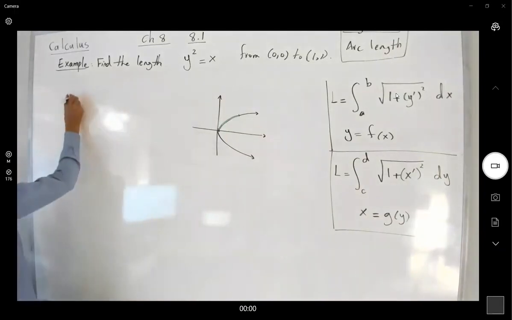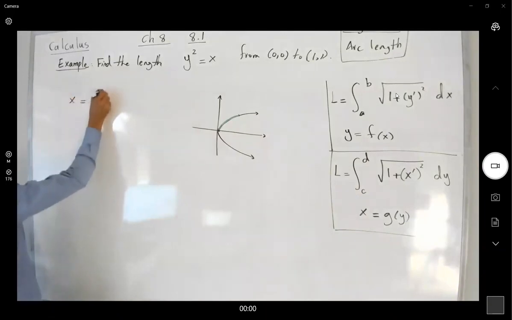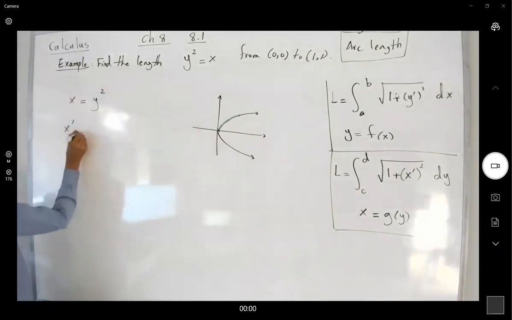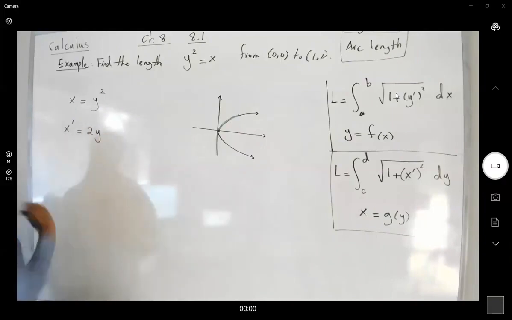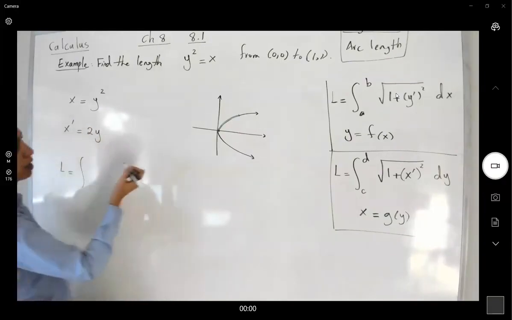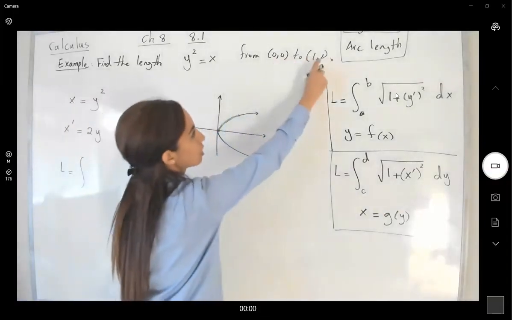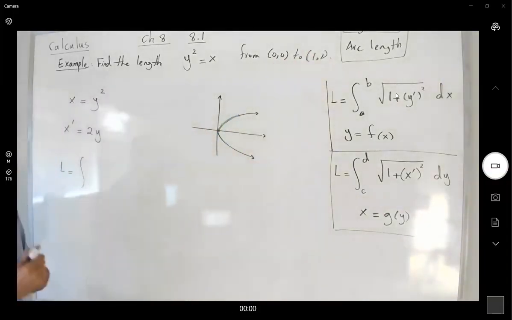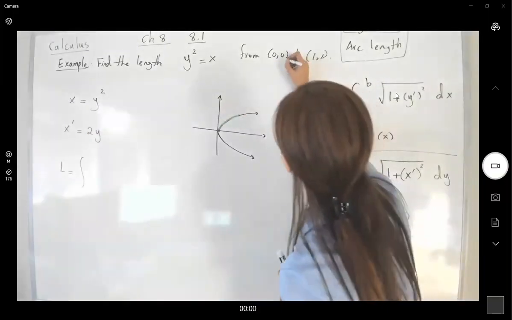So x is equal to y squared, x prime is 2y, okay. Then L is equal to the integral, where y starts from 0 and goes to 1. So this is my c, this is my d.